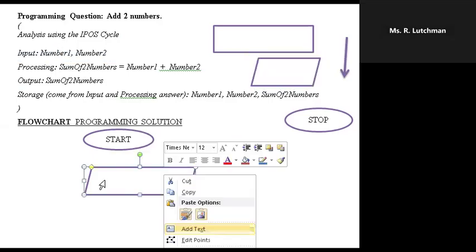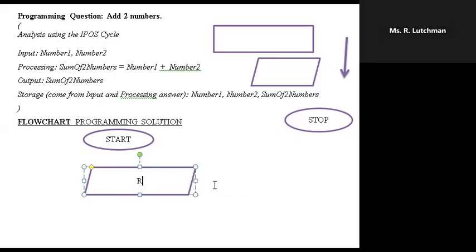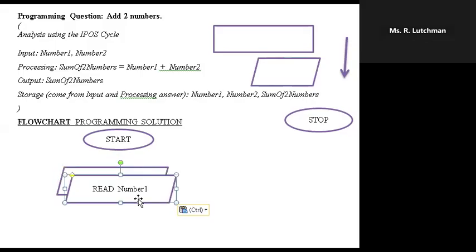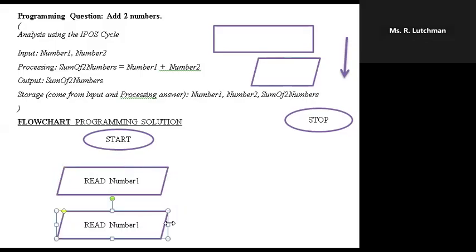So I'm going to put read number one, right? And then I have to do it for number two. So I'm going to get another one of these. Read number two. Right, so just copy the next one.